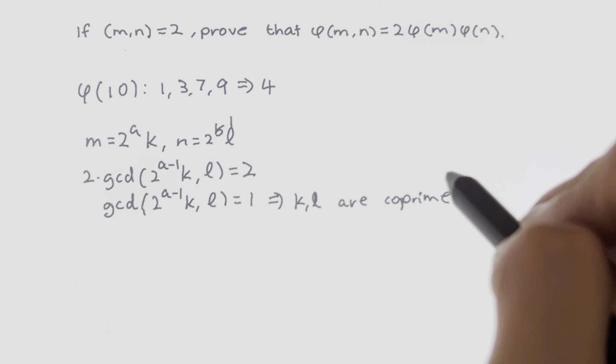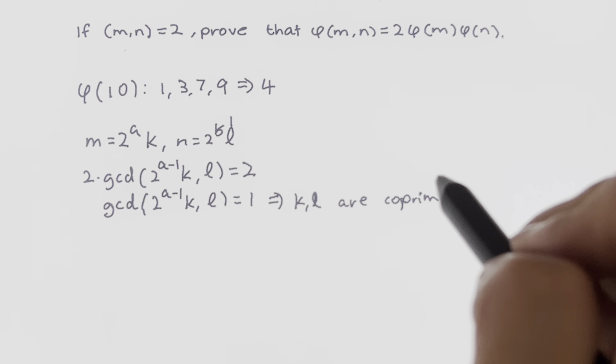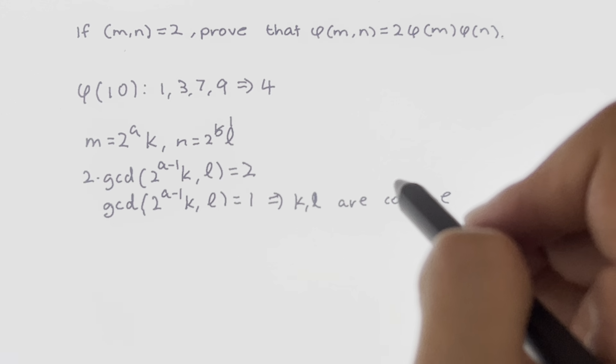Now, we can calculate the Euler's totient of mn.